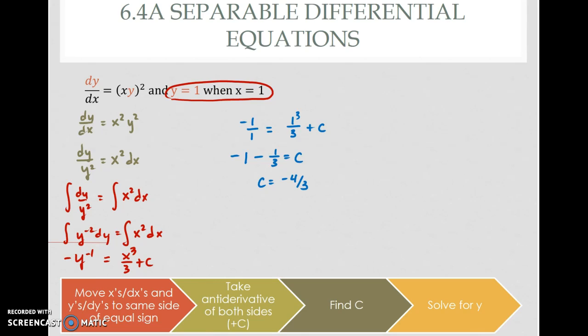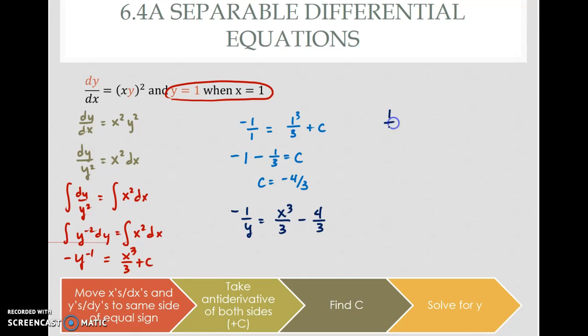Then I'm going to write my equation as a function of y, which means I have to solve for y. I'm going to make sure that when I do that, my equation is a function. So I'm going to write this as negative 1 over y equals x cubed over 3 minus 4/3. Maybe multiply by a negative 1.